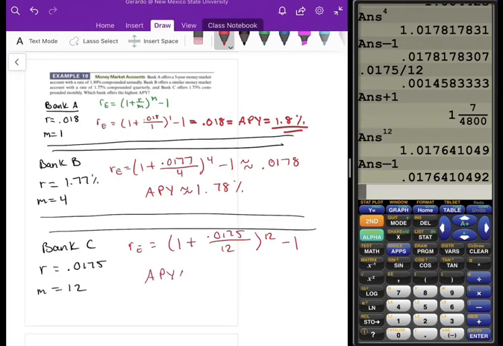So this means that the APY for this bank is approximately 0.0176, which is 1.76%.